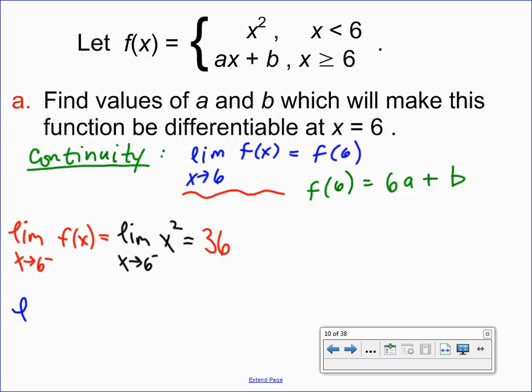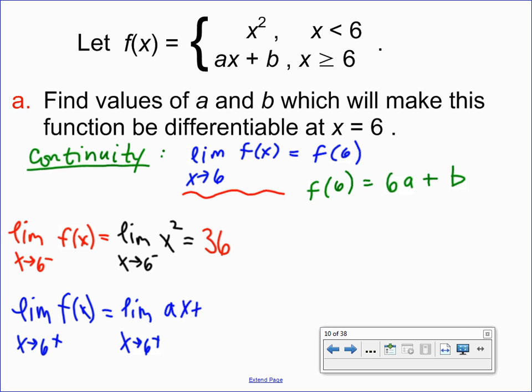The right-hand limit will be given by the limit of f of x as x approaches 6 from the right. For us, that would be the second definition. And as x approaches 6 from the right, is 6 in the domain of ax plus b for constants a and b? You bet your boots it is. And what would I get? Good.